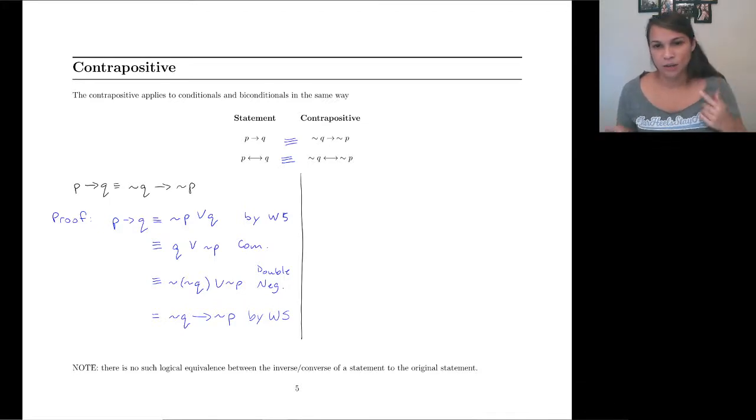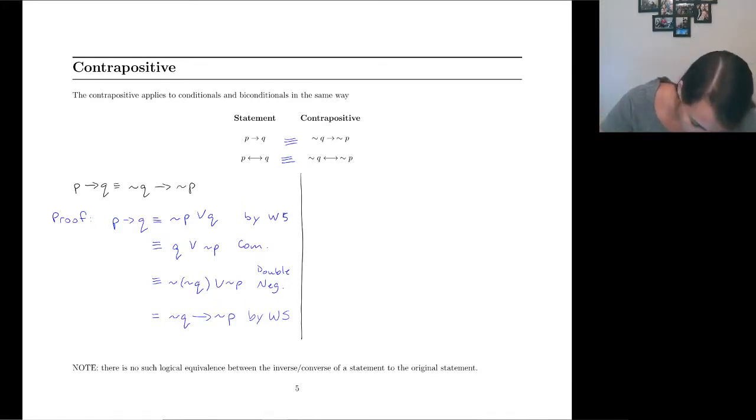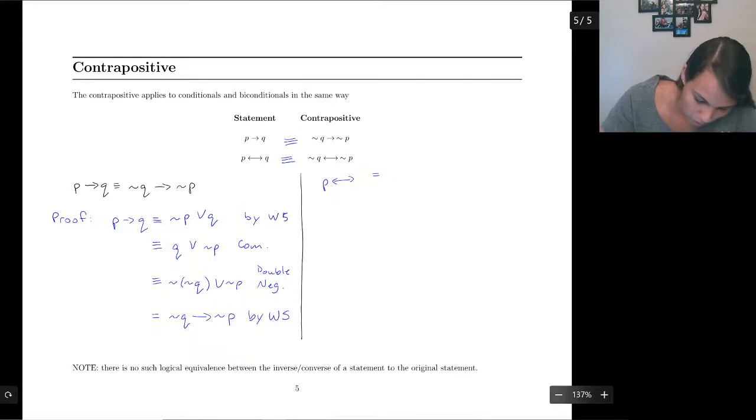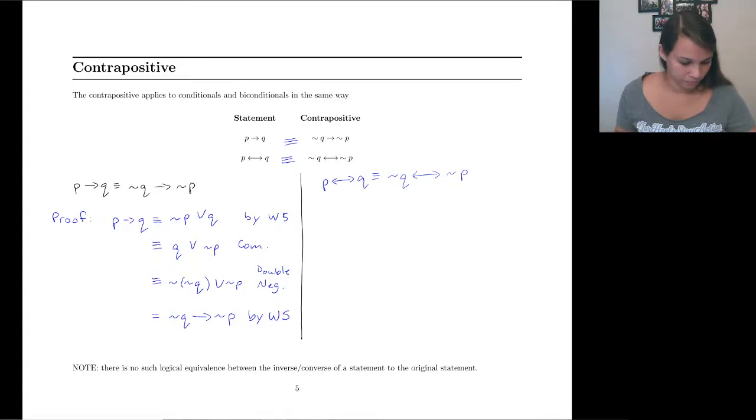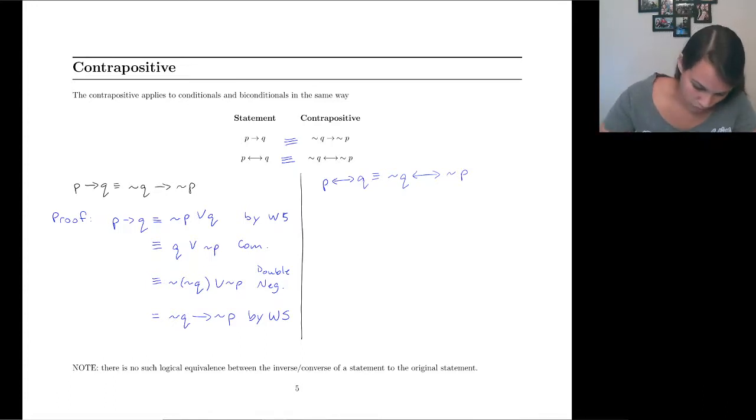And then let's go ahead and do the second one, the biconditional. It's pretty easy to see, in my opinion, that this is going to hold. Proof.